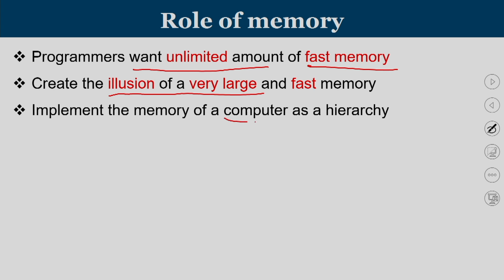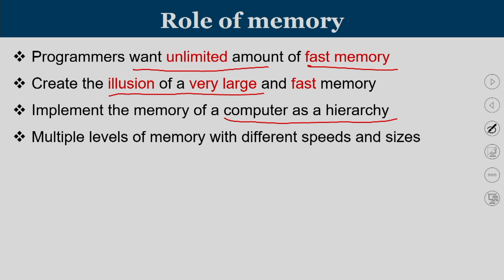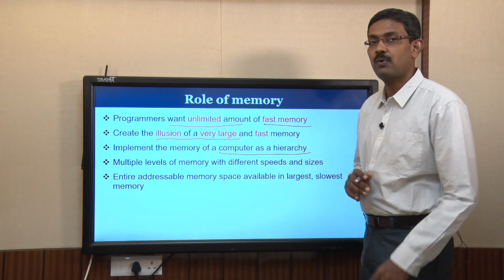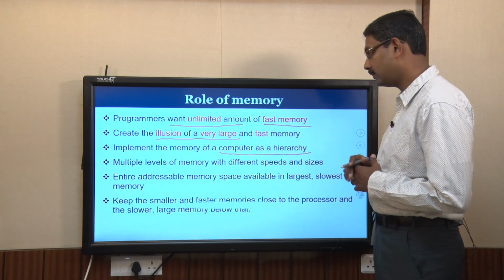It is done by implementing memory as a hierarchy, and we have multiple levels of memory with different speeds and sizes, and the entire addressable memory space is available in the largest, slowest memory. When we talk about the largest memory in this context, it corresponds to your main memory.